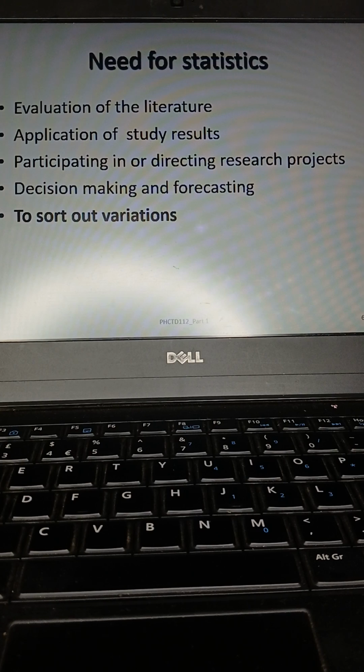Then whether you want to participate in research projects. Also, for decision making and forecasting. It can really help us to look into the future after making your decision now. It can help you to predict or to forecast about the future, and also to sort out variations.